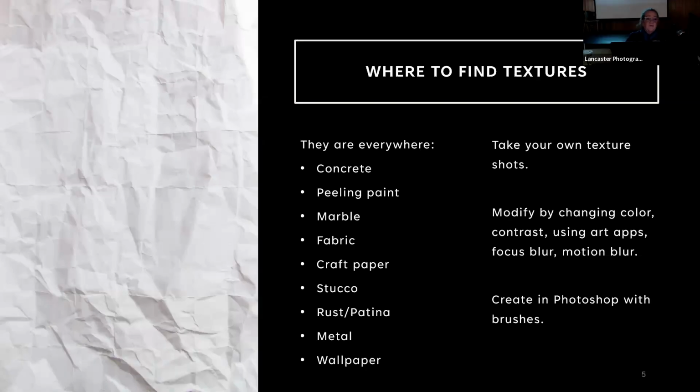Fabrics, craft paper, like if you go to, not Joann's, but say Hobby Lobby or Michael's, in the craft paper section, sometimes there are some interesting textures in those. Stucco, anything that's rusty or has a patina, metal, maybe shiny metal, wallpapers.